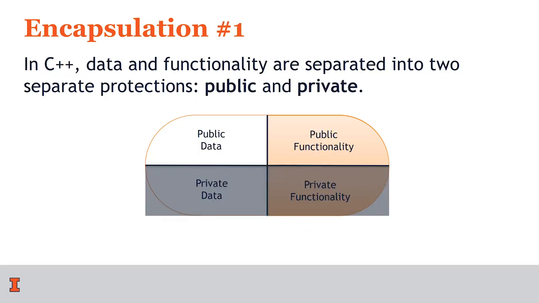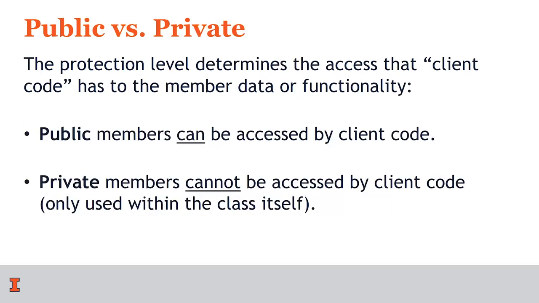I mentioned private member data as opposed to just member data. And the one thing that we missed in the pill earlier is that the pill is both divided into functionality and data as well as into protection layers, both private data and public data, private functionality and public functionality. These layers of protection determine who can access what elements of our class. When we have data that's public, that data can be accessed by anyone.